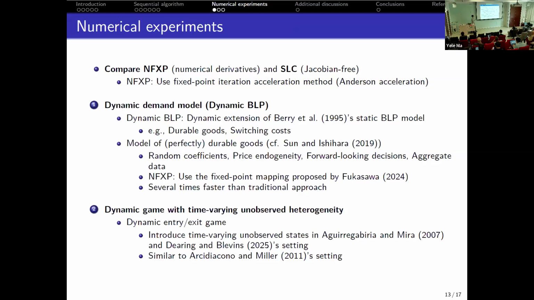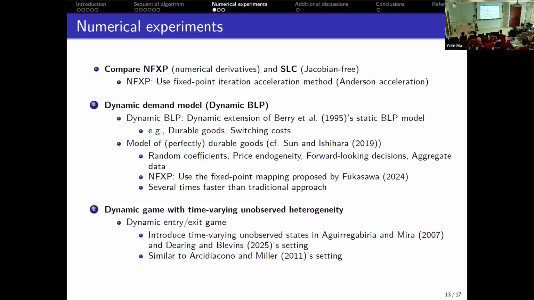So next, to show the performance of the proposed SLC algorithm, I conducted two types of numerical experiments. In this experiment, I compare NFXP and SLC. And we consider two models. The first model is a dynamic demand model. Sometimes such a model is called dynamic BLP because this is a dynamic extension of the static BLP model.